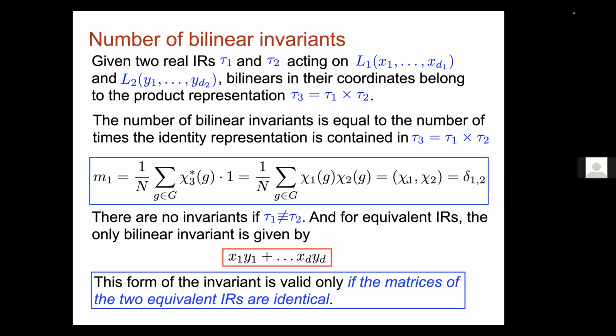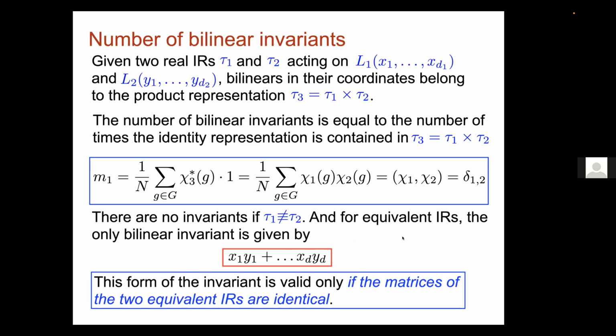If the irreducible representations are equivalent but are not identical because they are written in different bases, there is still an invariant, but it doesn't take such a simple form, okay? And next time I'll give you an exercise where you prove this statement. So you have to be very careful. That's a very common mistake also. You have two irreps, they are equivalent, but they are written in different bases.